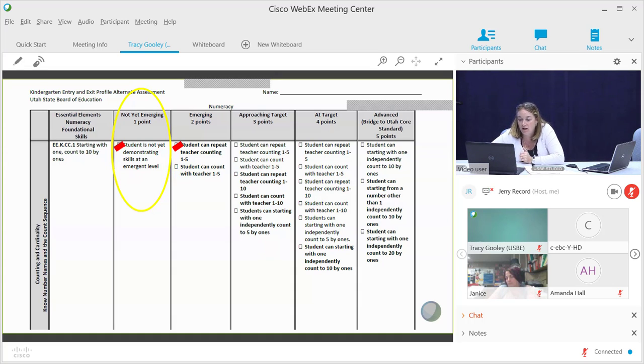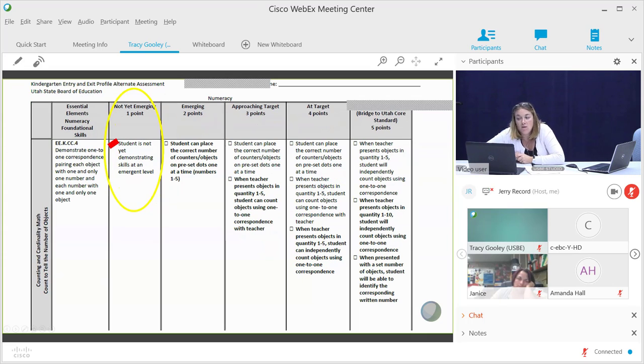So for this one, for knowing number names and counting sequences, this student, in order to be emerging, would need to repeat the teacher counting 1 to 5. And student can count with teacher 1 to 5. So if we said student was able to do this one, but not this one, they're not yet emerging. Moving forward here, emerging student can place the correct number of counters and objects on a preset dot, one at a time, so using numbers 1 through 5.